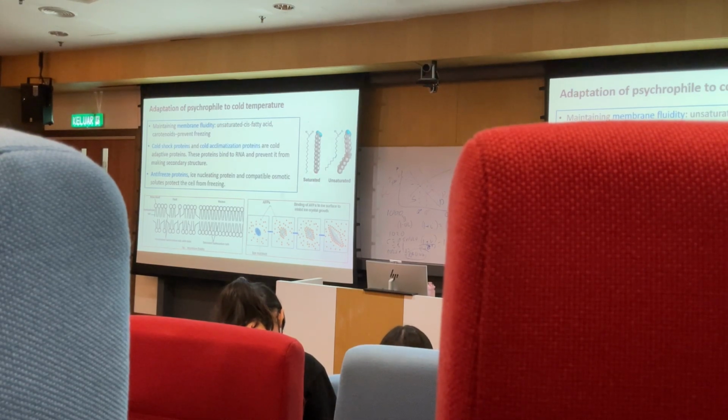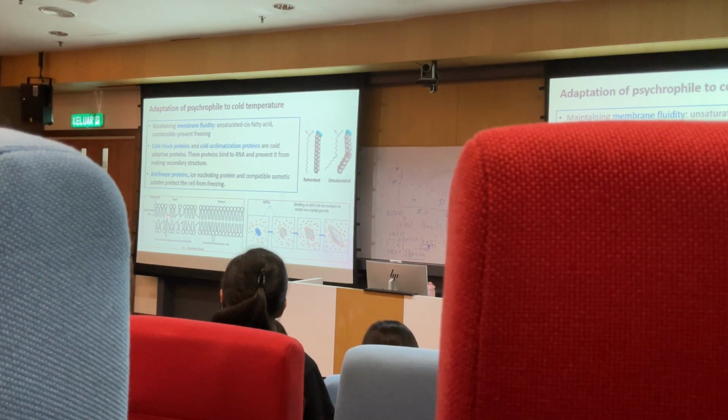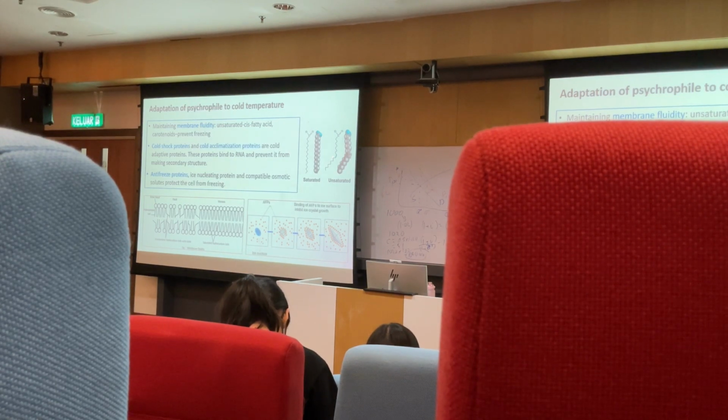If the fatty acid side chain has a double bond, it is unsaturated. Because of the formation of the double bond, the direction of the structure changes, and you have a kink here.